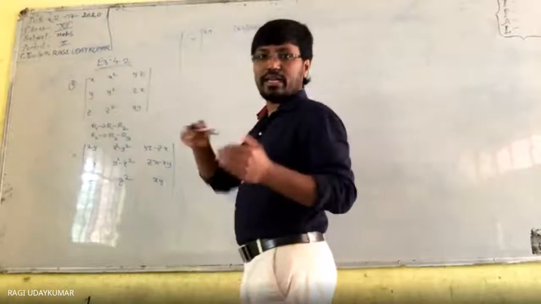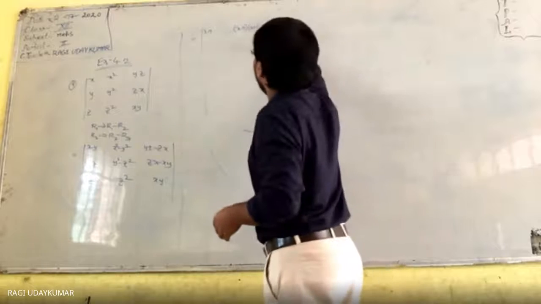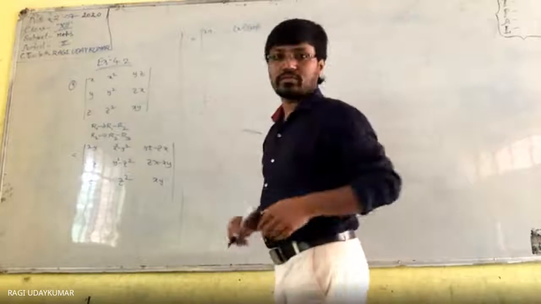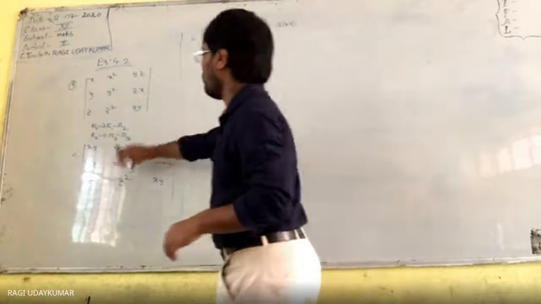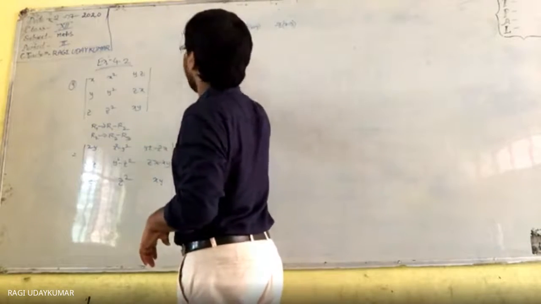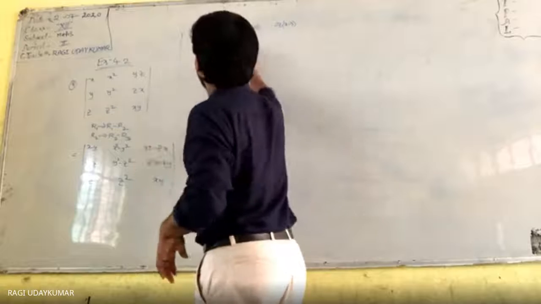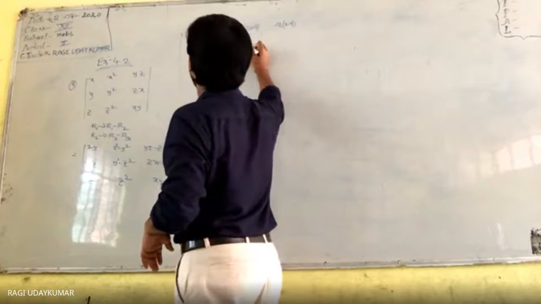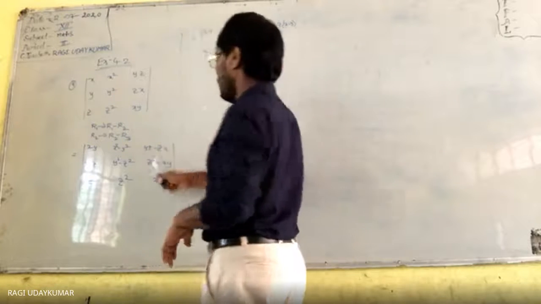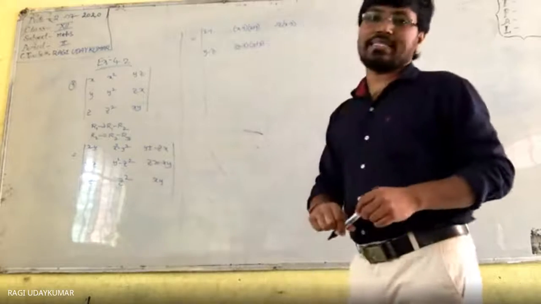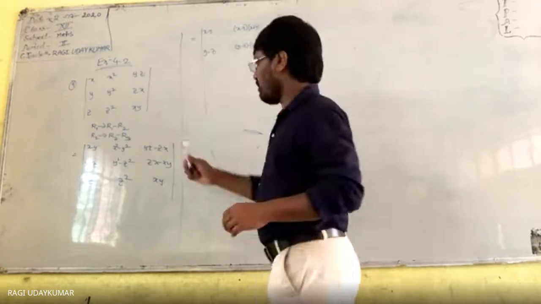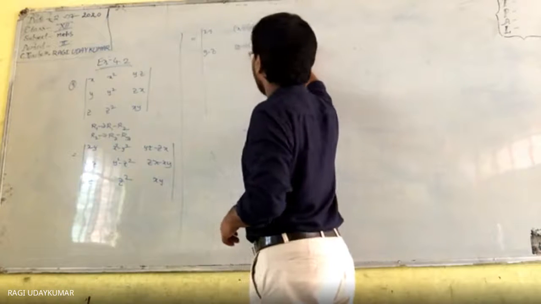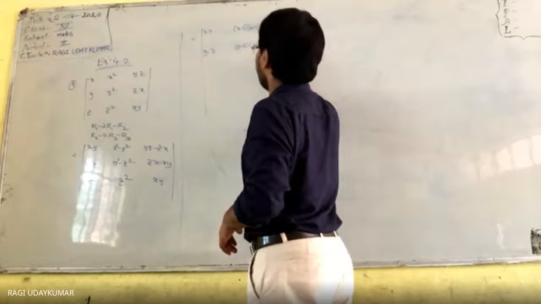So what do you get here? If you take minus z common, you will get x minus y. Next, y minus z: y square minus z square is y minus z into y plus z. Here also you can take a minus x common. If you take minus x common, you get y minus z.